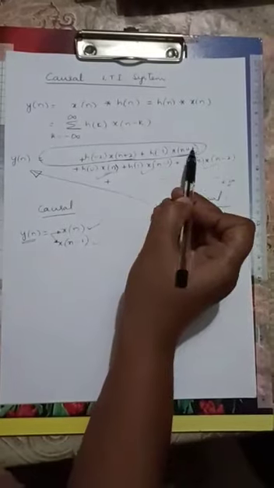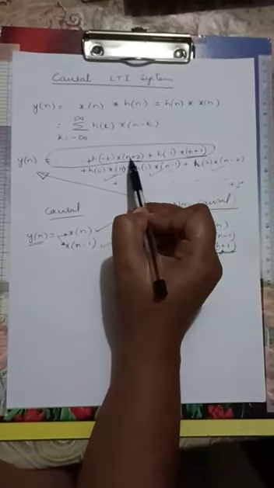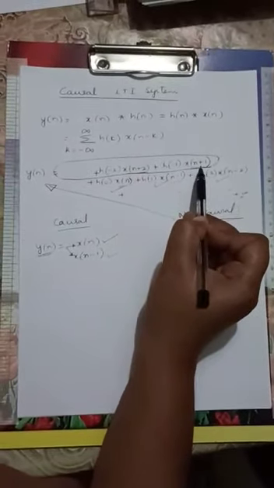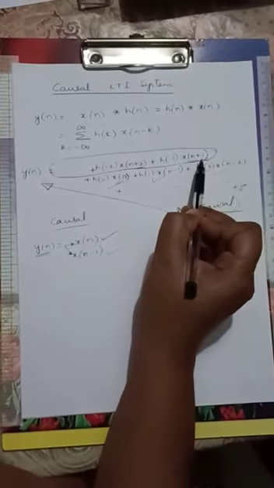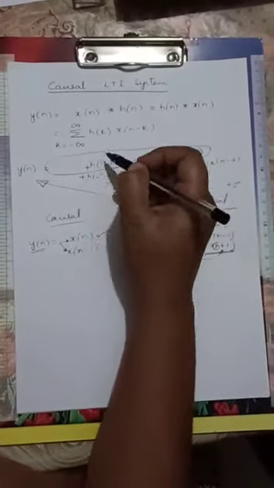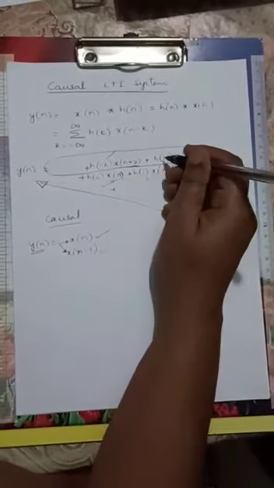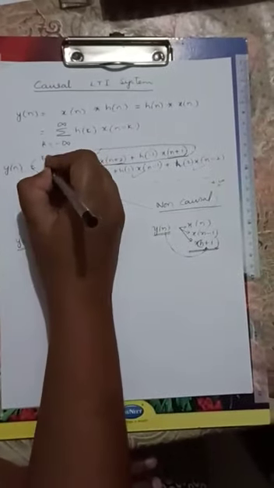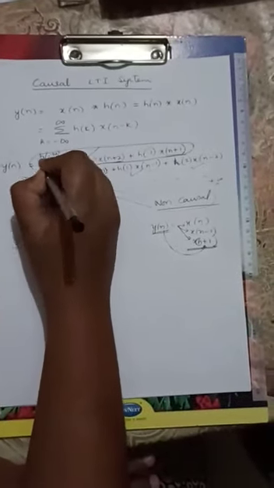You don't want the future terms. How can you make them 0? You can't change your x of n terms, because we can't control the input. So I can make h of minus 1, h of minus 2, and h of minus infinity terms 0.